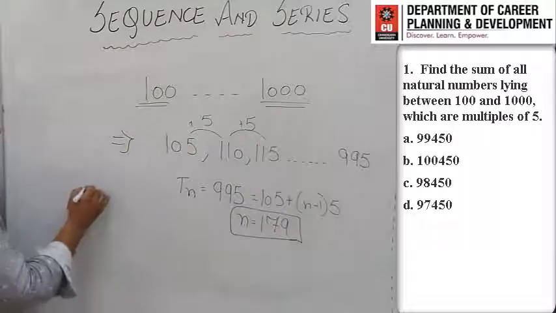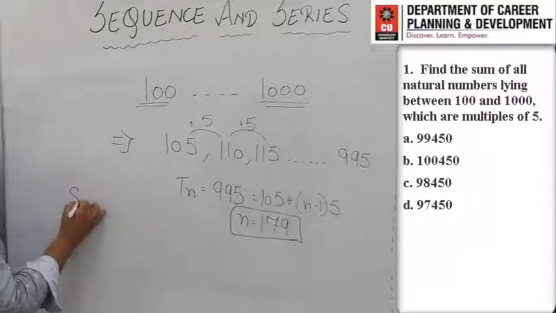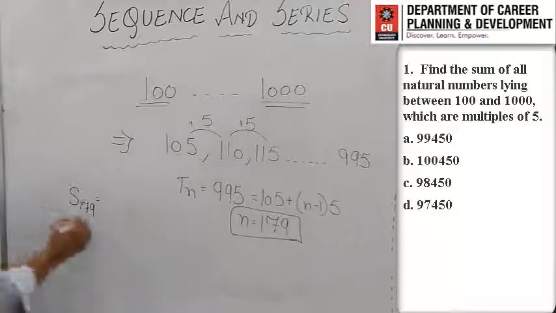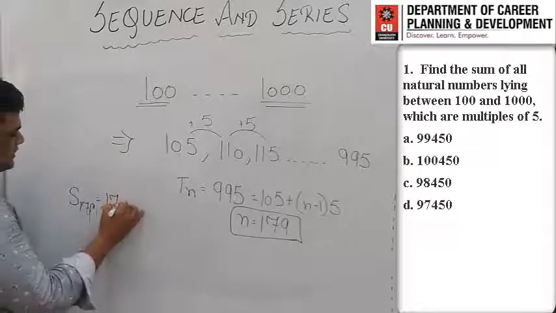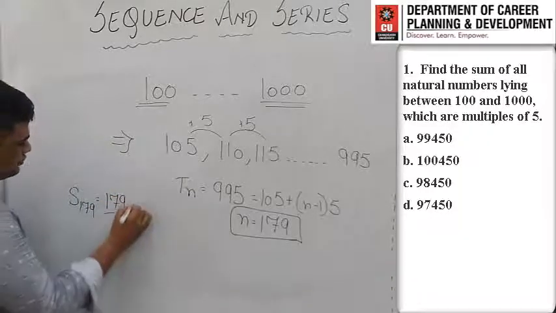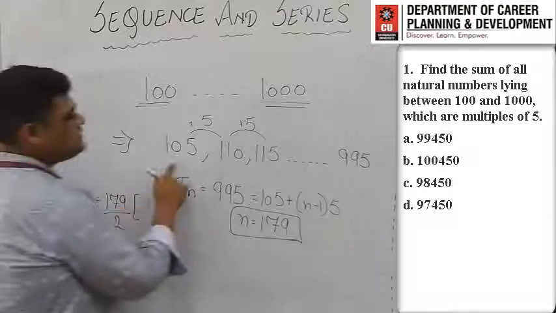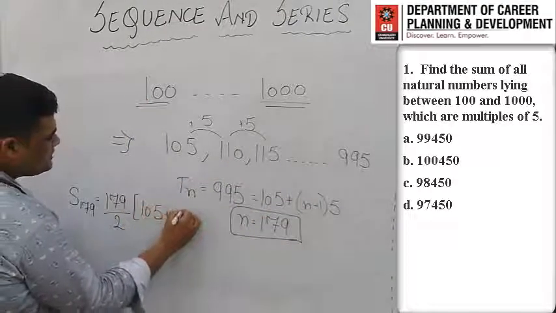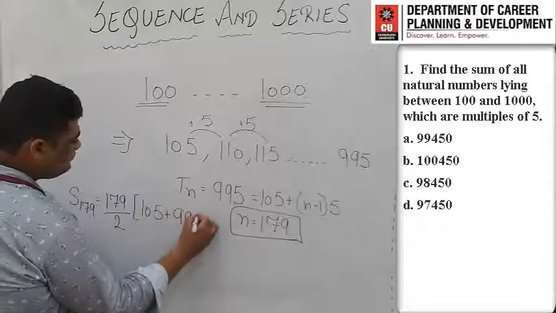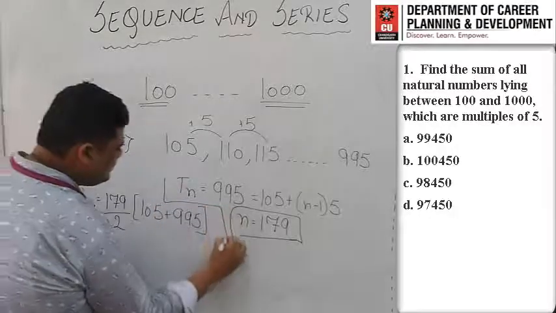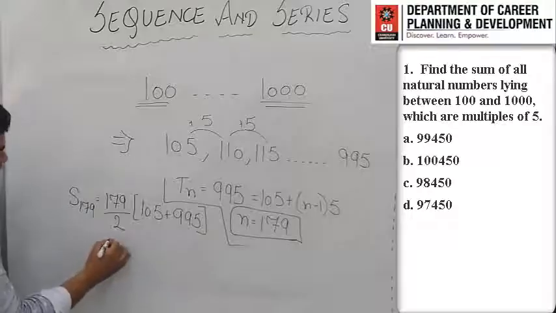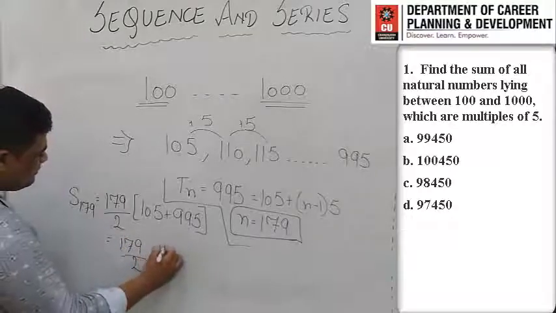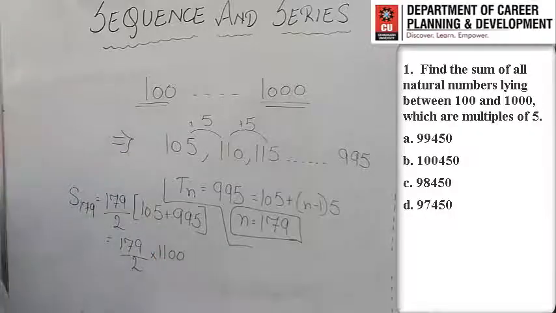Now put this value in the sum formula. Sum of 179 terms will be equal to n by 2, that is 179 divided by 2, multiplied by first term plus last term. So 105 plus 995. This will be the total sum. So solve this value: 179 divided by 2 multiplied by 1100.